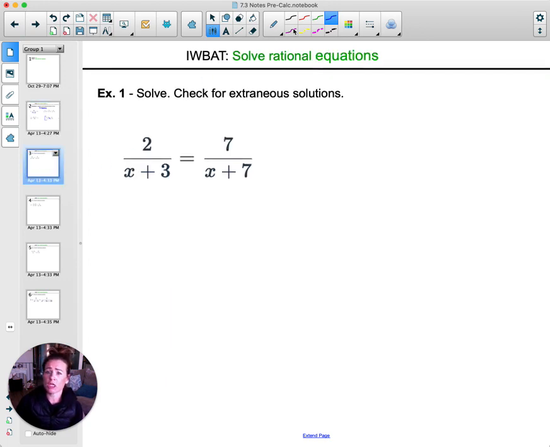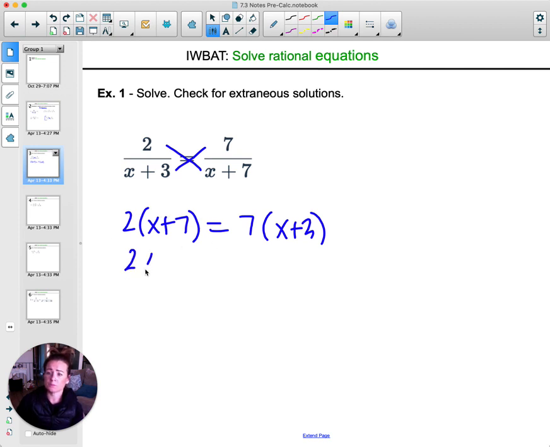Let's take a look at this first example. This just has two fractions set equal to each other, so we'll do cross multiplication. We'll multiply that x plus 7 up to the top on the left, and then the x plus 3 up to the top on the right. Distribute the 2. Distribute the 7.